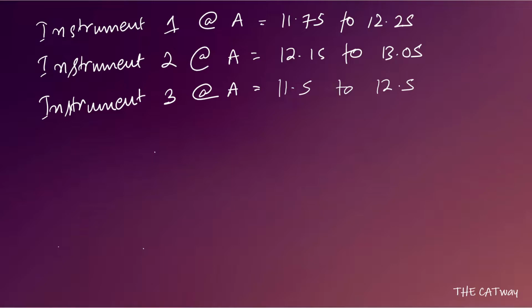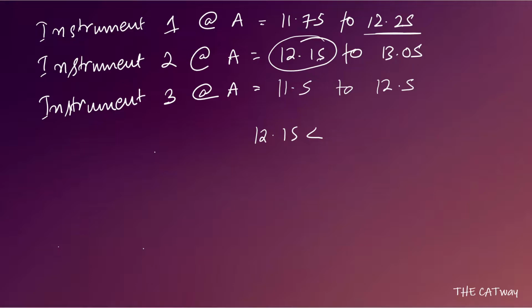Now we have to see what is common in this. See, the maximum of the lower limits is 12.15, which means that your number is going to be greater than 12.15. And among the higher limits, our lowest number is 12.25.